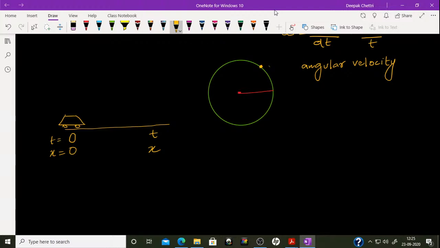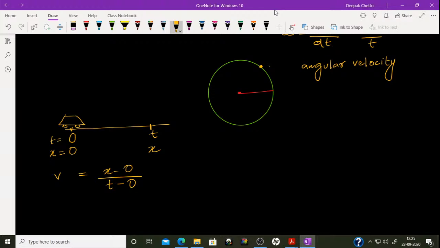So what will be the velocity? The formula for velocity is change in displacement divided by time. The displacement is final position minus initial position, so x minus 0, divided by final time minus initial time, t minus 0. So the formula for velocity is this.